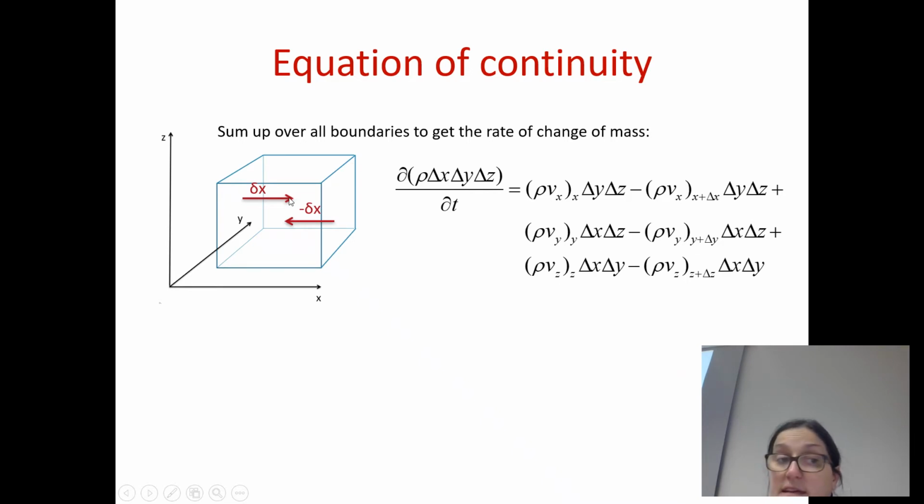And plus rho Vz, so now that I have the bottom here, rho Vz times area delta x delta y. And on the other side, this is what we call going out of the box. That's why we are subtracting in minus out.